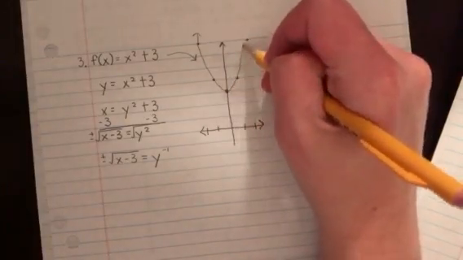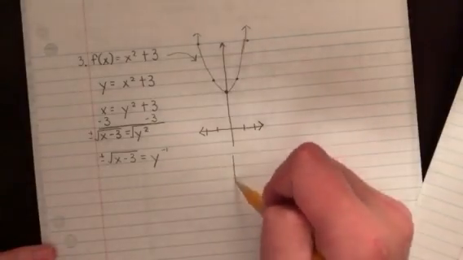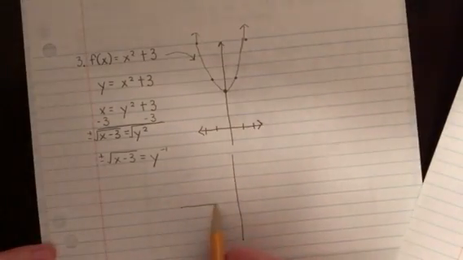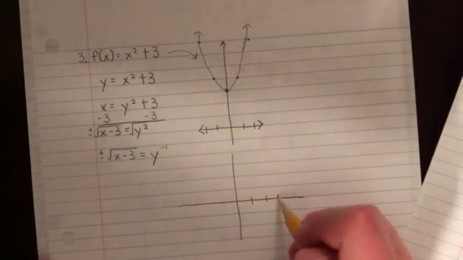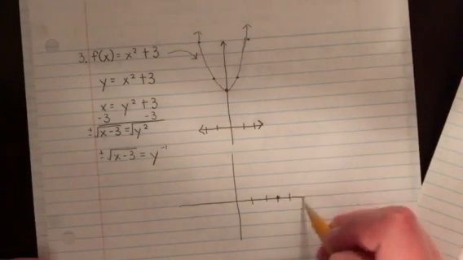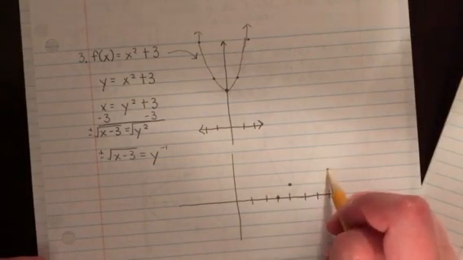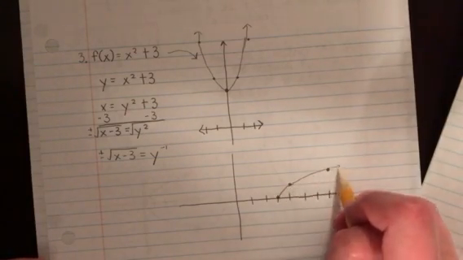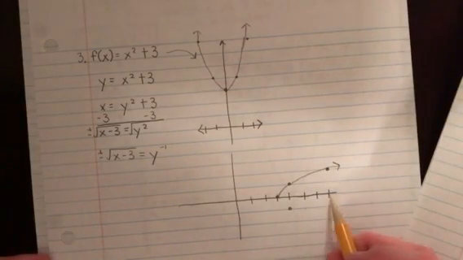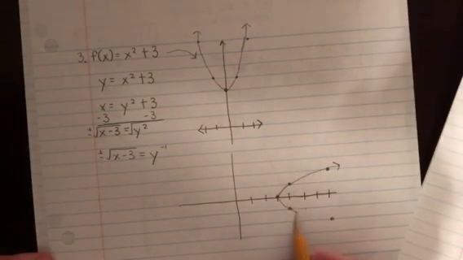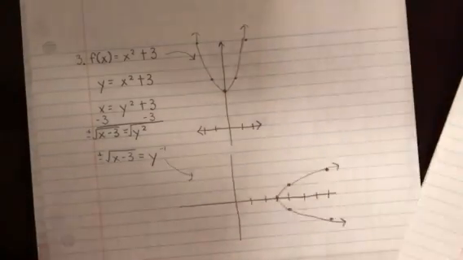And then the inverse equation was this here. This shifted right 3, so 1, 2, 3, and 1, 2, 3, 4. So here are my points. That's the positive version, and then we also have the negative version. So there's the inverse equation, that graph there.